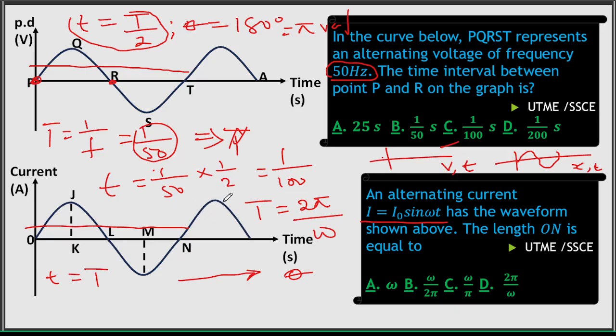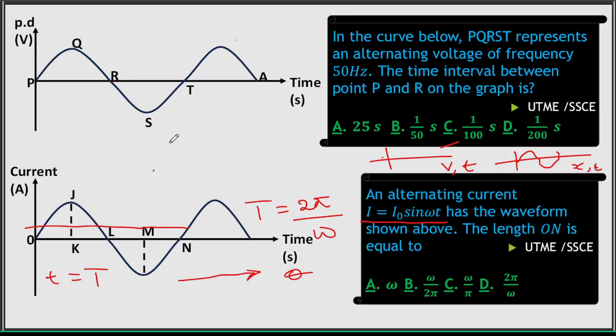Let me make space. All right, so I've been able to make space. Now, if I know that period is this, all I need to do is to write the same equation. I is equal to I naught sine omega t. But now I know that this small letter t is the period, because we are asked to find from 0, from here to where?